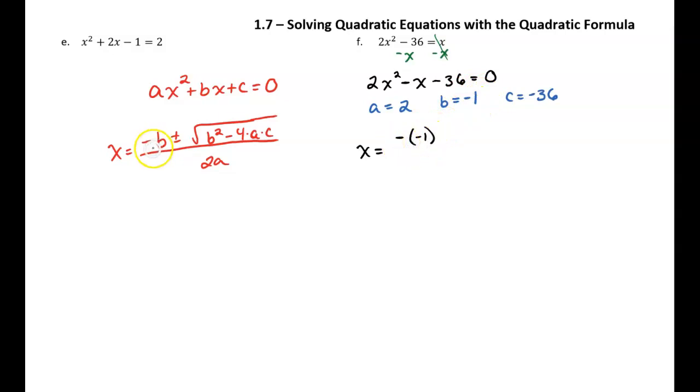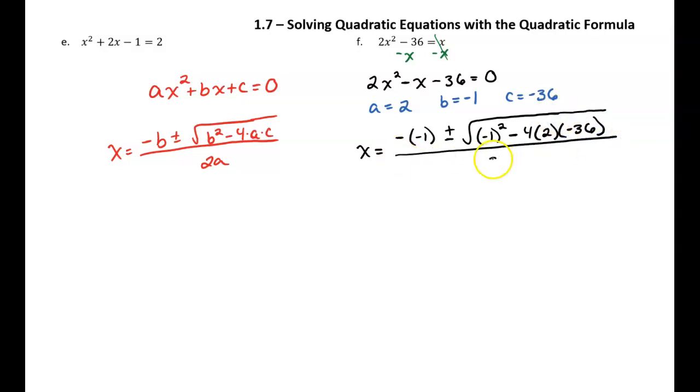That's one of my signs, but the formula has another negative on it, so those parentheses help me keep track of that. Plus or minus the square root of b squared. B squared, so I put the squaring part in parentheses like I've been practicing, minus 4 times a times c. All of this divided by 2 times a. So 2 times 2 in this case.